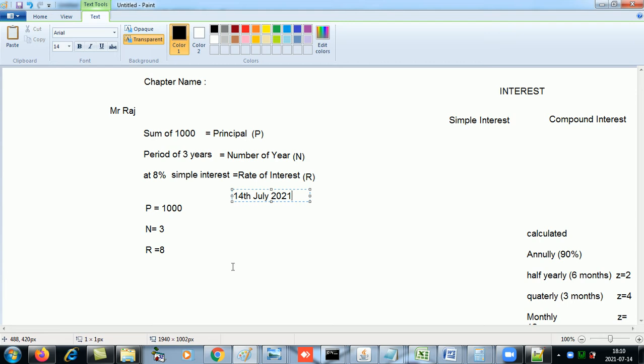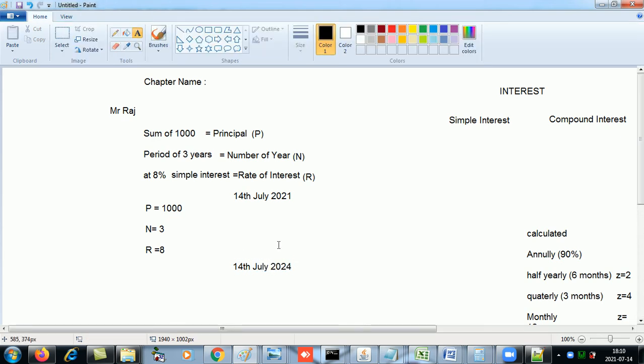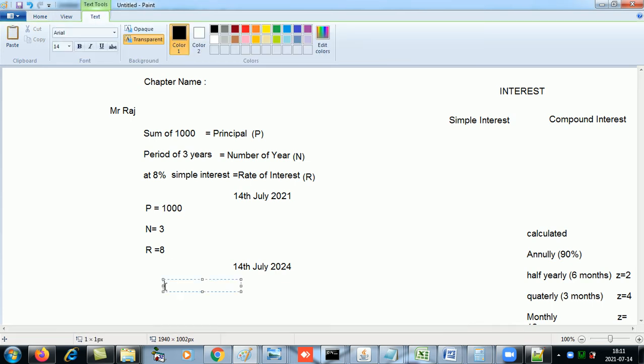So he'll be withdrawing the money on 14th July 2024. Now some interest will be added to this principal. We'll calculate that, and this principal along with the interest will be given to him on 14th of July.